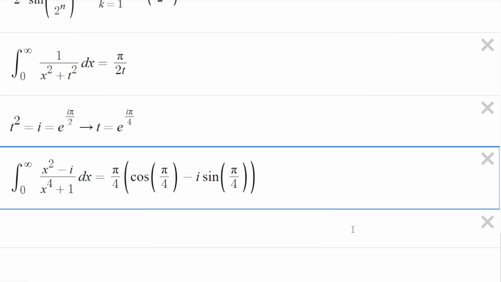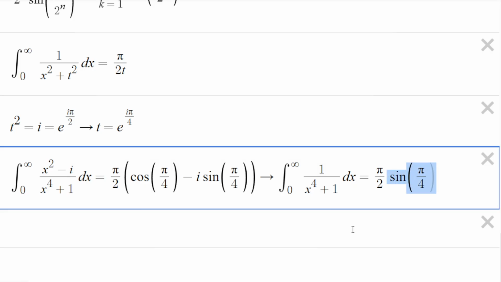What we figure out by doing that is that the integral from 0 to infinity of 1 over x to the fourth plus 1 dx is equal to pi over 2, sorry, pi over 2 times sine of pi over 4.